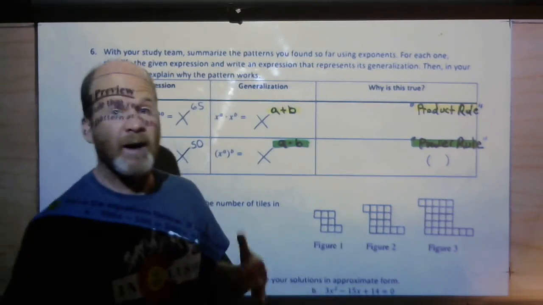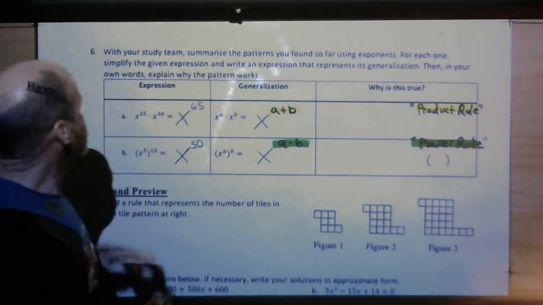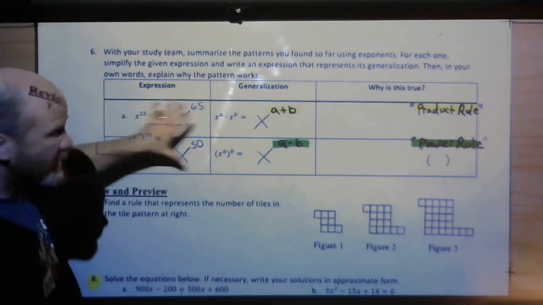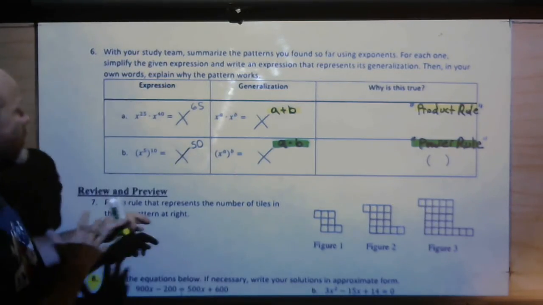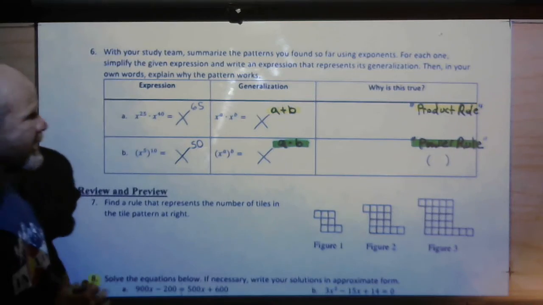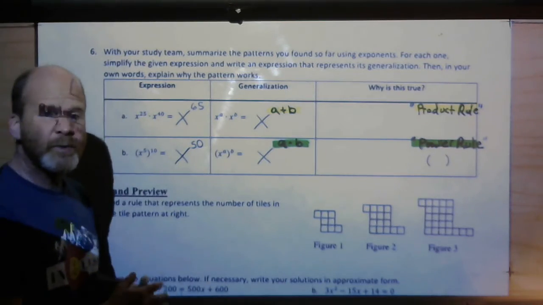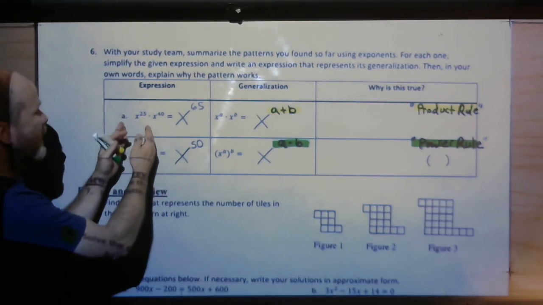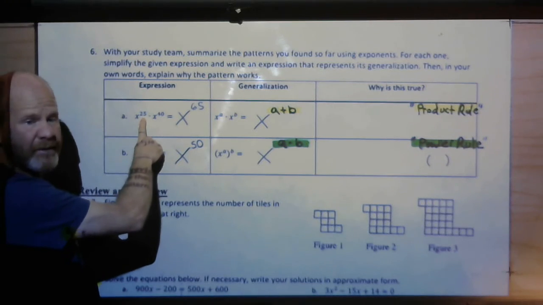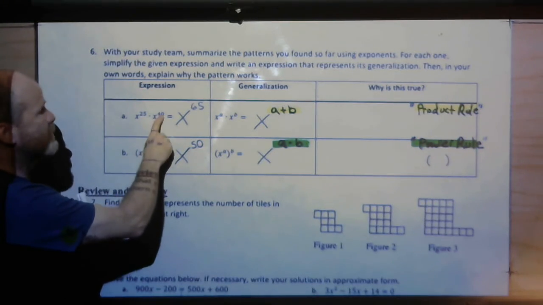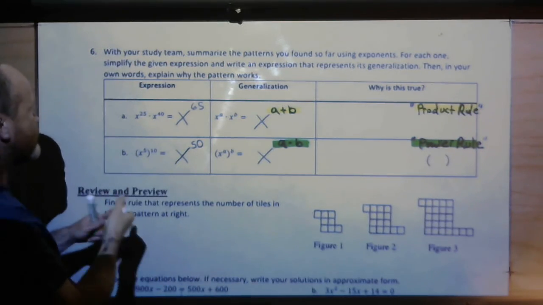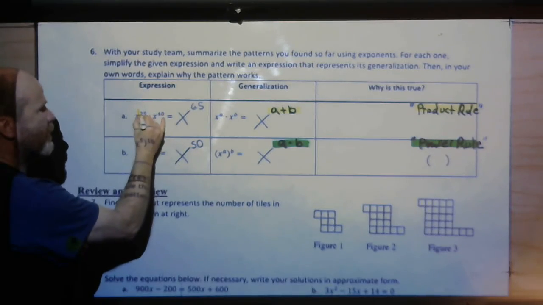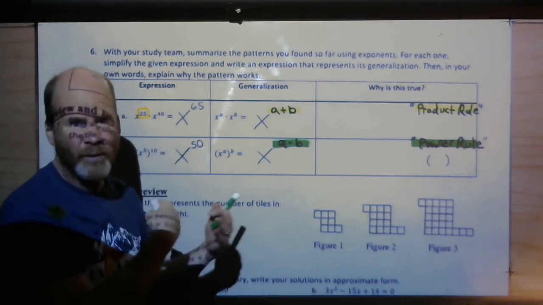So let's take a look here on page 188. This is number 6, so I jumped down here just because I want to make sure that we get this concept down. Here are 2 examples of an expression, x to the 25th times x to the 40th. Now what we'll notice here is that from our previous work, we can't do x 25 times.